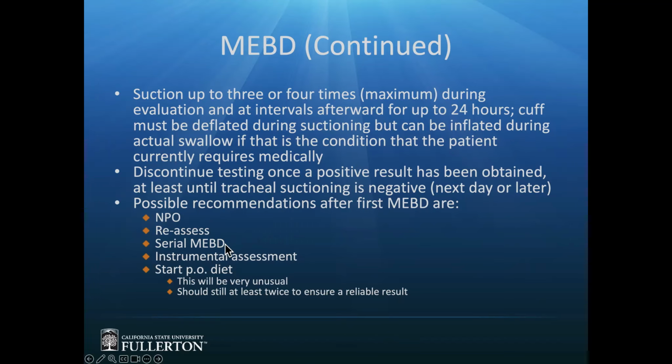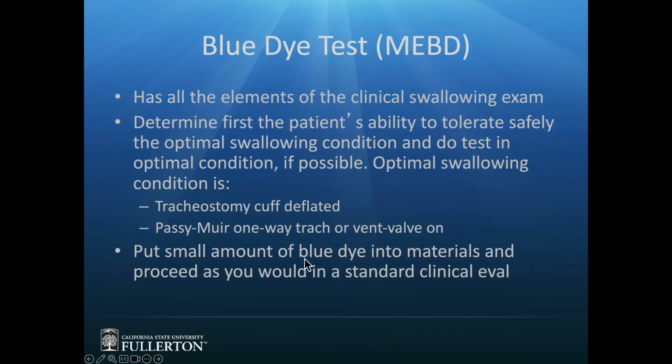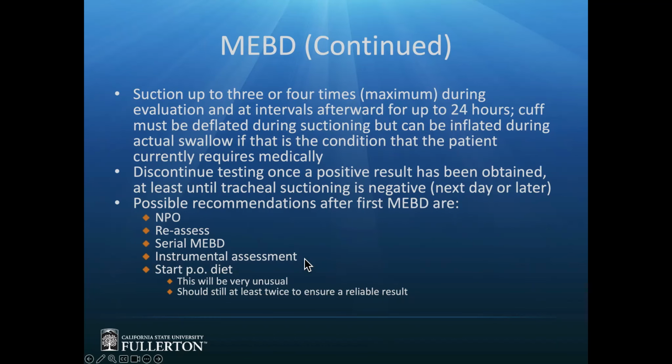Sometimes we'll just go ahead and ask for serial modified Evans blue dye test orders to allow us to do a number of them in a row each day, one today, one tomorrow, one the next day, without having to call the physician each time to get a new order. We may go ahead and ask for an instrumental assessment, which could be the MBS, and occasionally, and this will be very occasionally, we may start a PO diet.